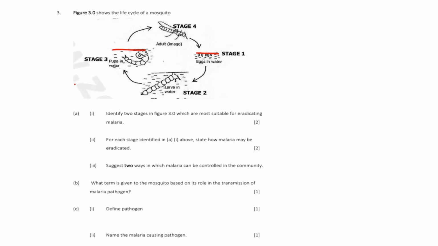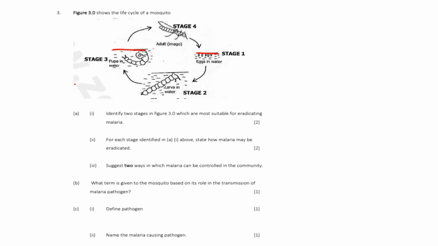So this stage is also a feeding stage. It is very important to understand. You might find a question asking which stage is the feeding stage, or in which stage feeding occurs.